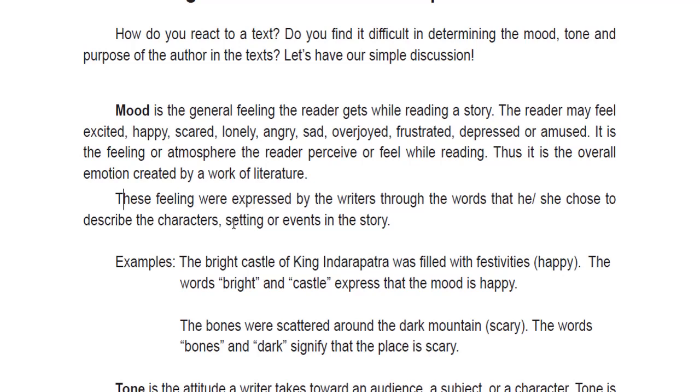So remember students, that mood is the way a text or a story makes the reader feel. So since we are all readers of the story, it is all about us. It is all about our feeling. Okay? So mood is how a story makes us feel, or it is how a story makes the reader feel.